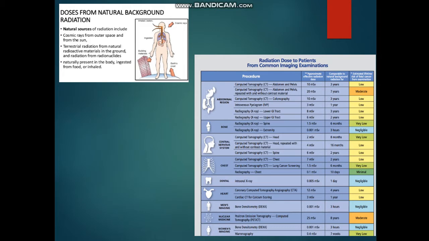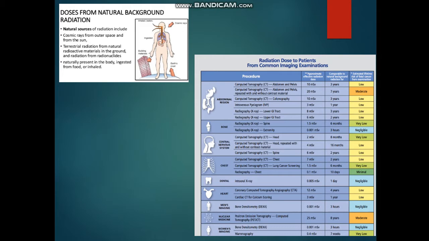The worldwide average natural dose to humans is about 2.4 millisievert per year. Remember, the worldwide average natural dose of radiation is about 2.5 millisievert.